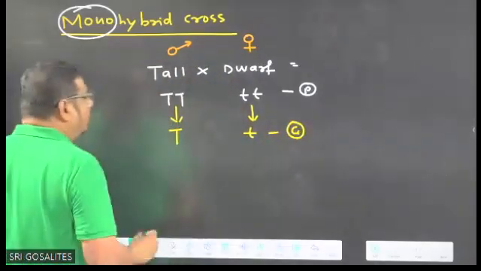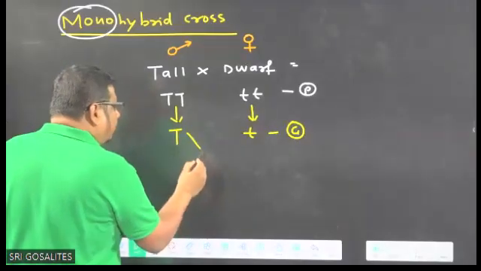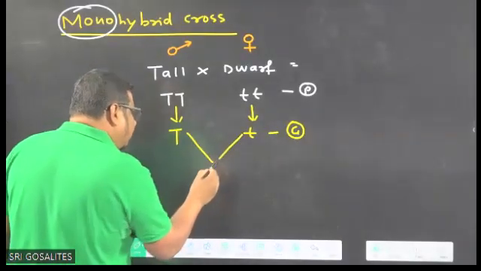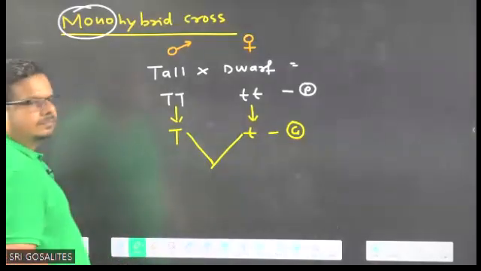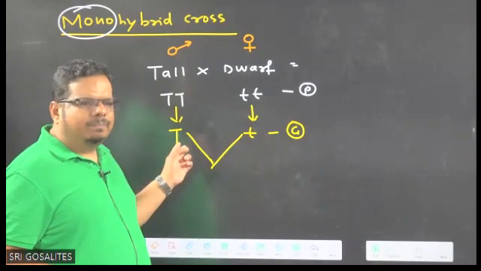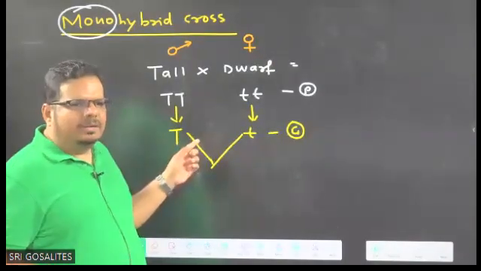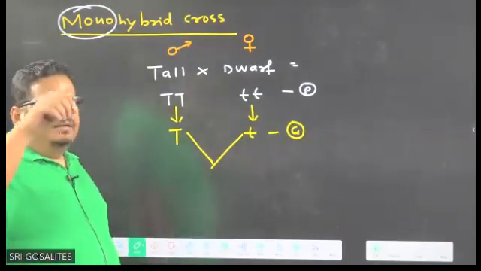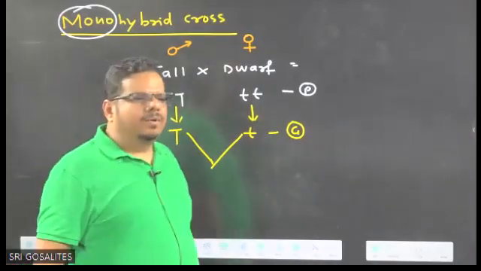Now what happened? This male gamete crosses with which one? The female gamete. Male gametes are present in which one? Pollen grain. Getting the idea or not? And this male gamete lands on the stigma of which one?